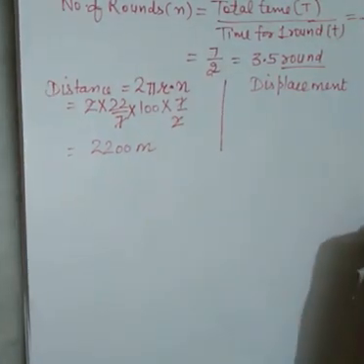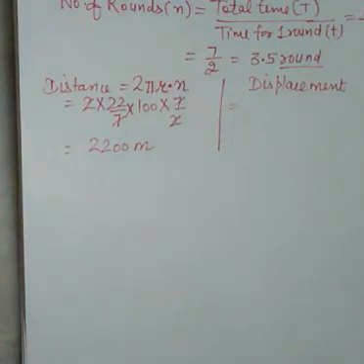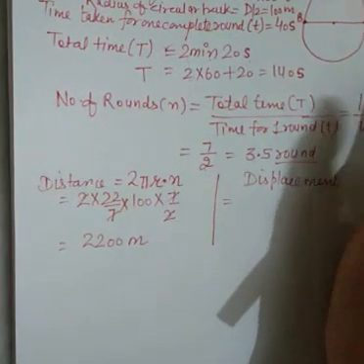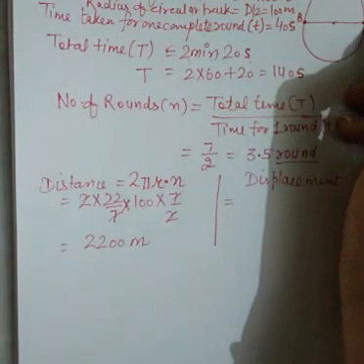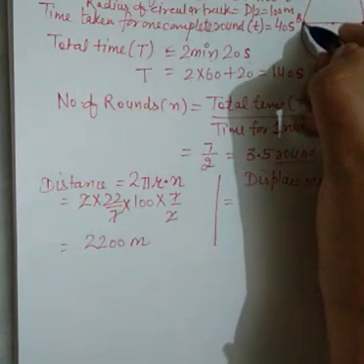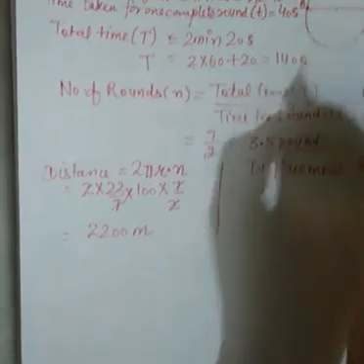Okay. Now what about displacement? Displacement is the shortest path between its initial and final position. Starting from O, 1 round, 2 round, 3 round and then 3.5. It means this one is our displacement.